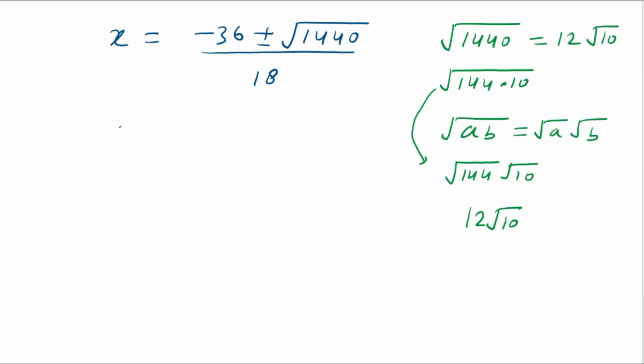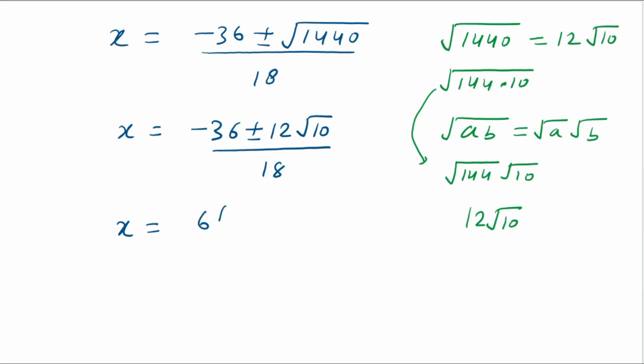Then the value of x is equals to minus 36 plus minus 12 times square root of 10 divided by 18. In the numerator, if we take common 6, then you will get minus 6 plus minus 2 times square root of 10, divided by 6 times 3, since 18 is 6 times 3.